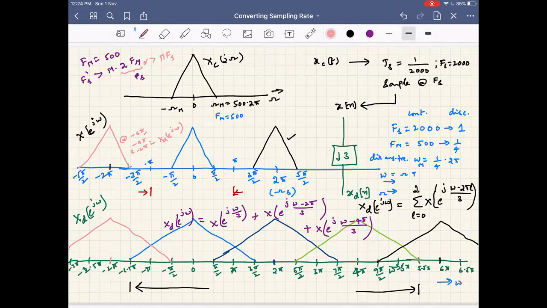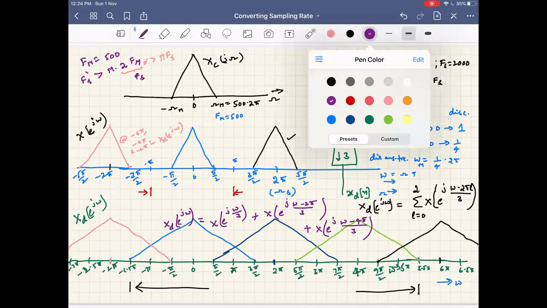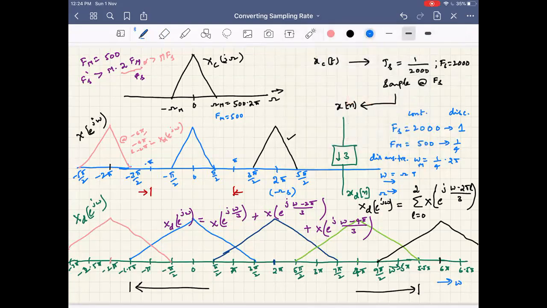Why? You can see that M equal to 3, 3 times 1000, so Fs dash has to be greater than 3000. However, we have taken Fs equal to 2000. Thus, we know that aliasing happens, and now you can see that this is the aliased region.